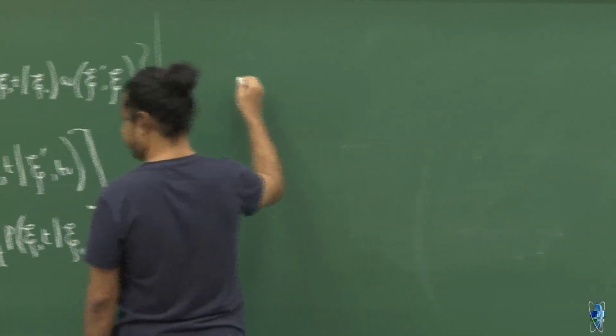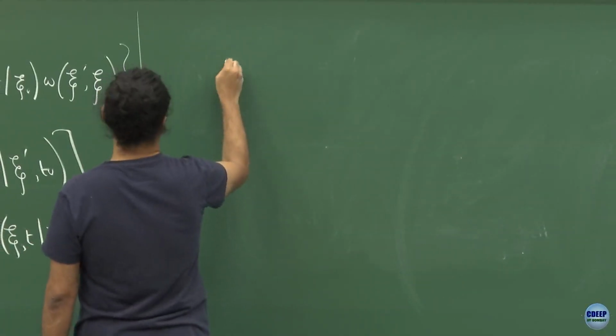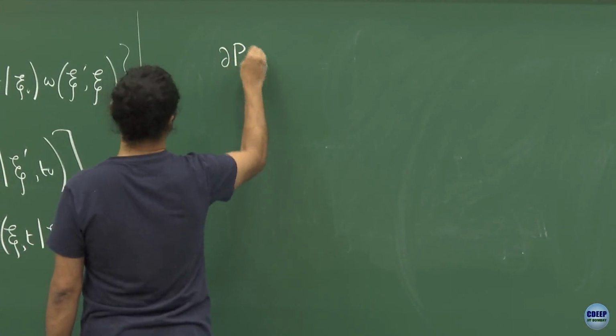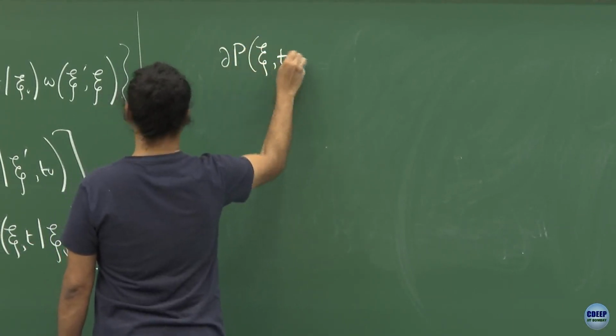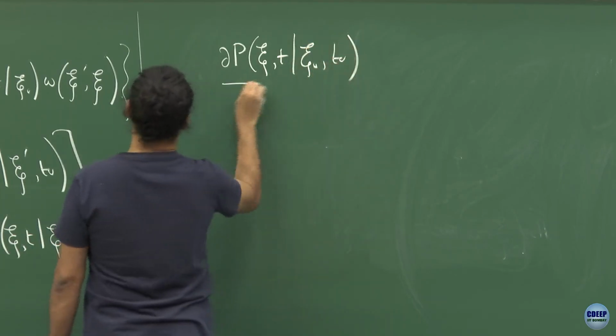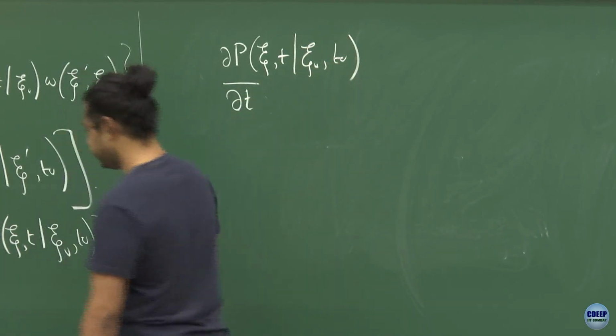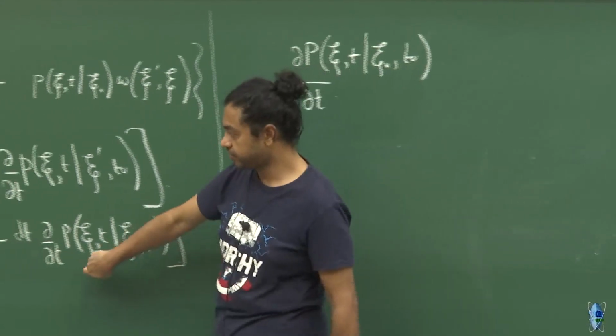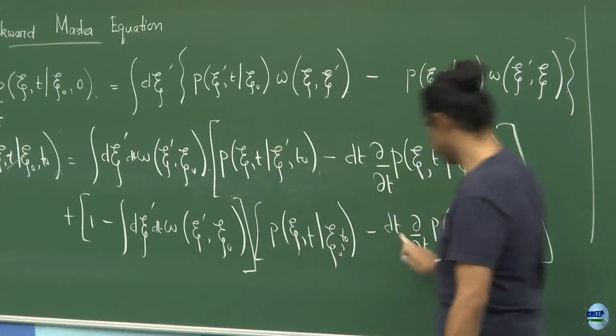So, I have this term, del p of psi t given psi naught t naught, del t, that is this term. Okay. So, this into this one over here is this term.